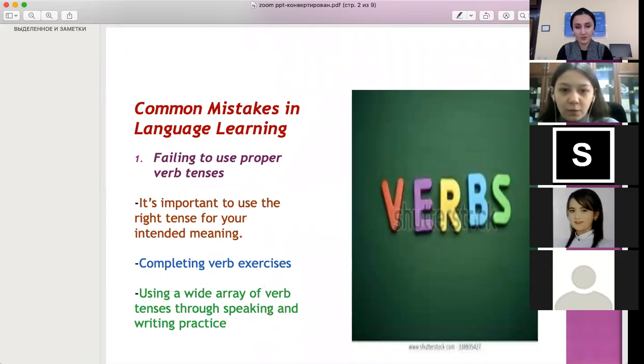Dinara, do you want to? When teacher and students actively participate in the lesson. Okay, something like that. When student and teacher actively participate in the lesson, what is it called?